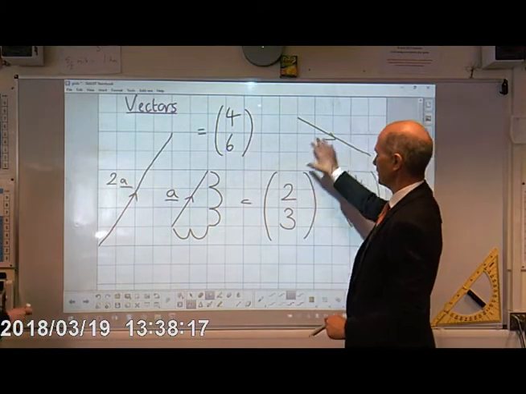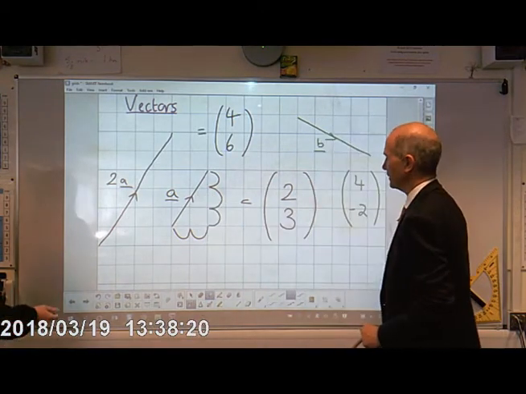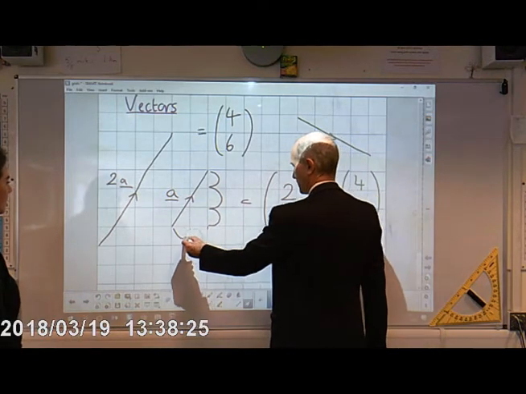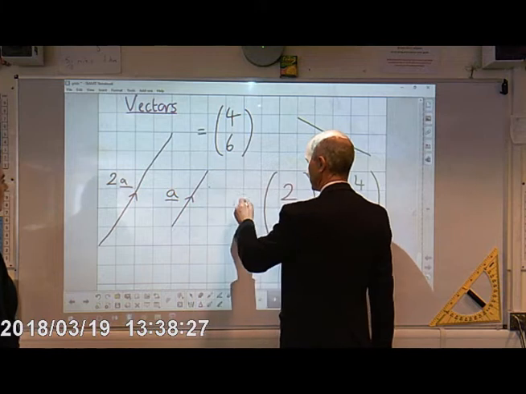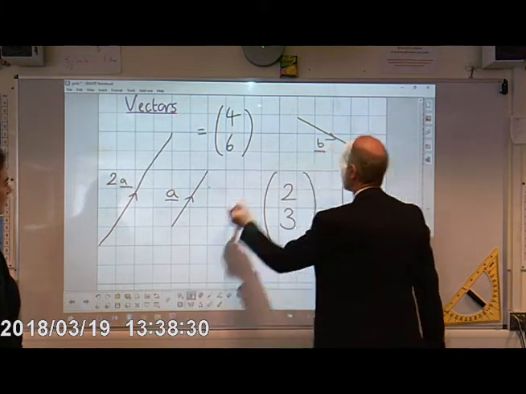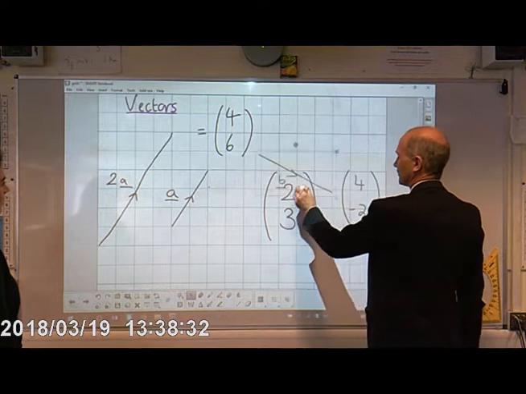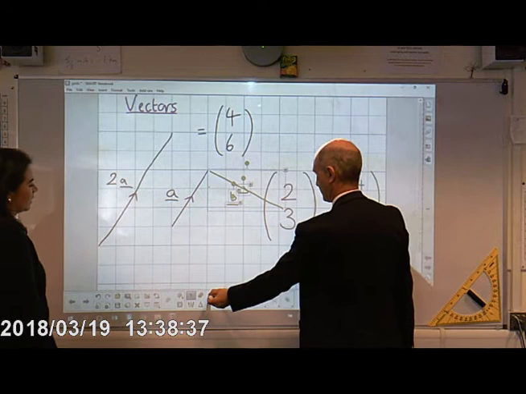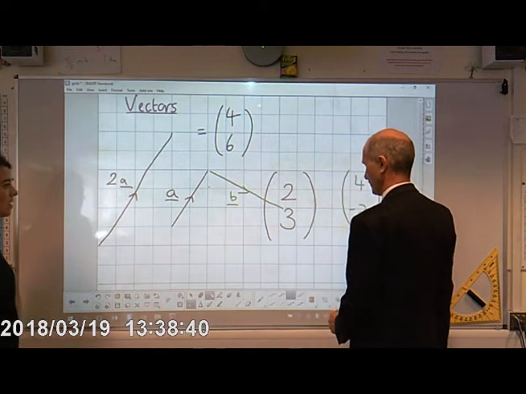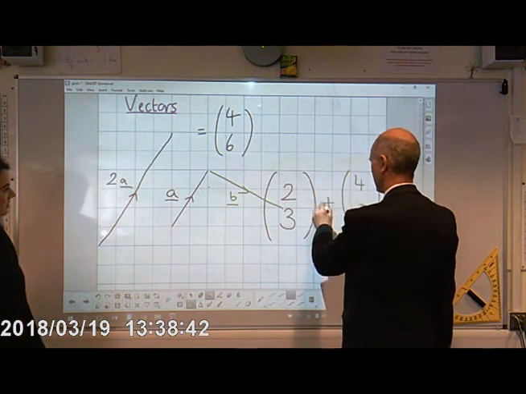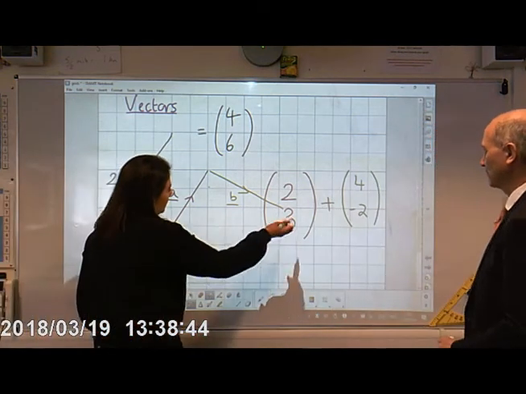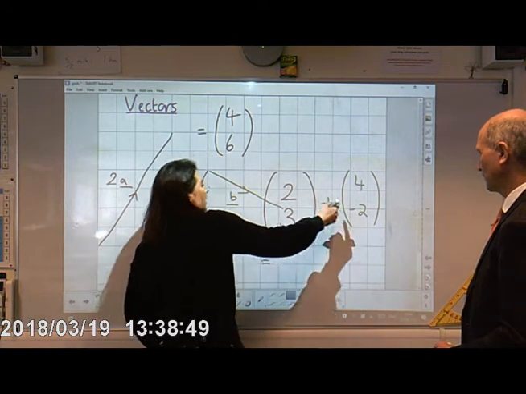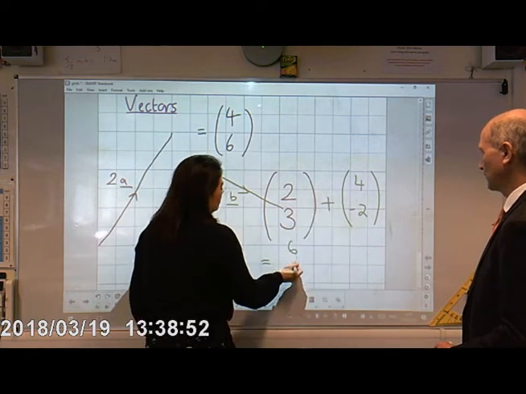Could we put this one and this one together? We could just do this. And then if we were going to follow the vector A plus B, if we were to add these two vectors together, we would get 2 plus 4, which is 6, and 3 plus minus 2, which is 1.